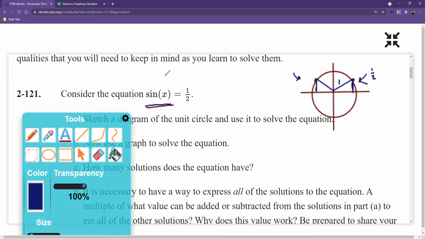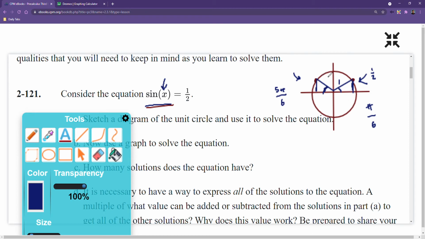And now I'm looking for the angle associated with that. Well, if you look at the unit circle, you will see that this angle here is pi over 6. And then this angle over here is 1/6 short of the whole pi, or 5 pi over 6.